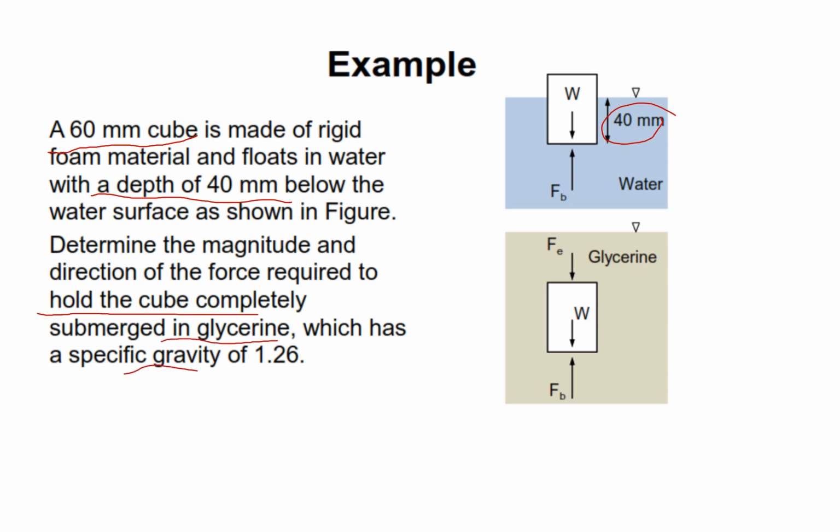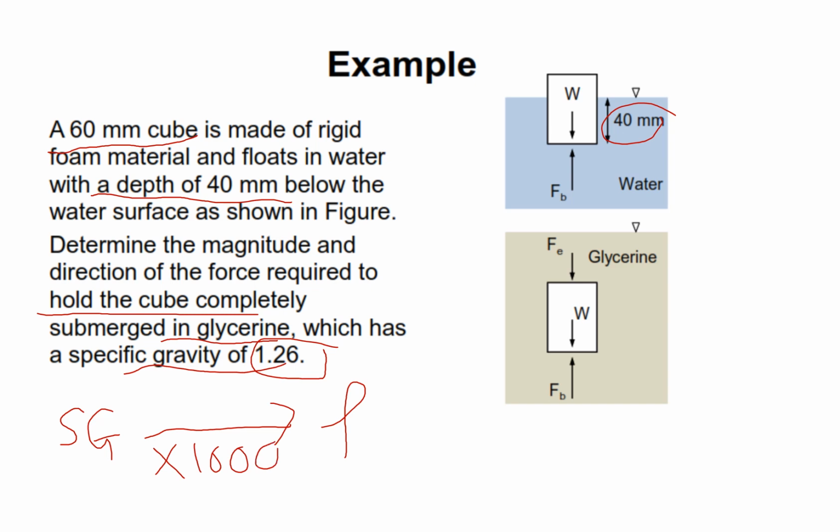The specific gravity of glycerin is given. So how do we convert specific gravity to density? We times 1000. So what we need to calculate is Fe. After we put the cube in the glycerin, we need to determine how much force can hold the cube from sinking to the bottom.